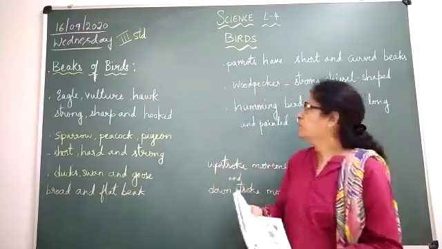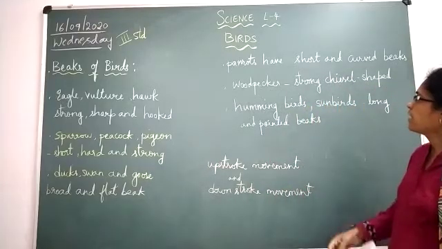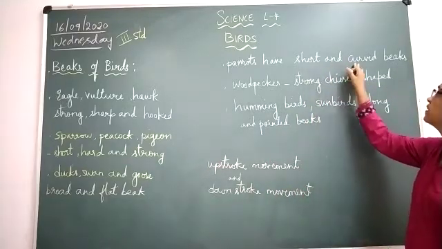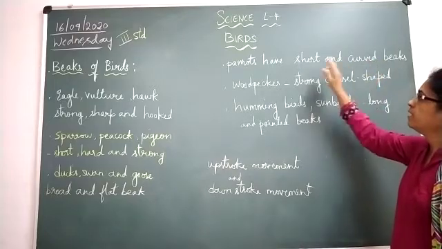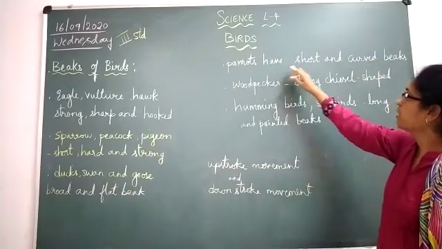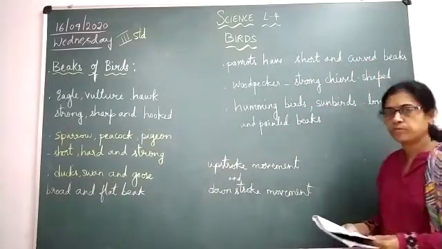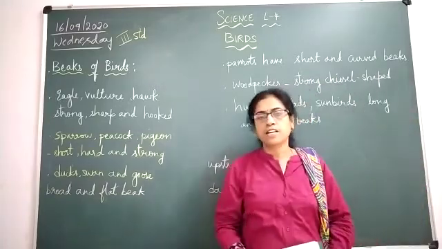Next is birds like parrots. Parrots have short and curved beaks, which help them to crack hard nuts and seeds.